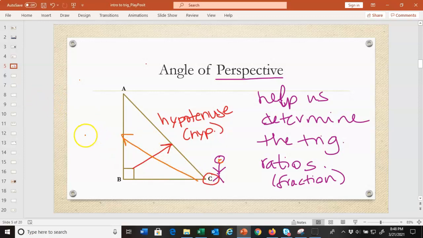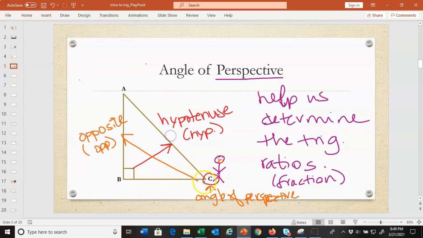So this side is opposite you. Opposite. So this is now the opposite side, but only because of where you're standing. You've chosen, or we've chosen, C as the angle of perspective. So when we're standing at angle C, that's the opposite side.